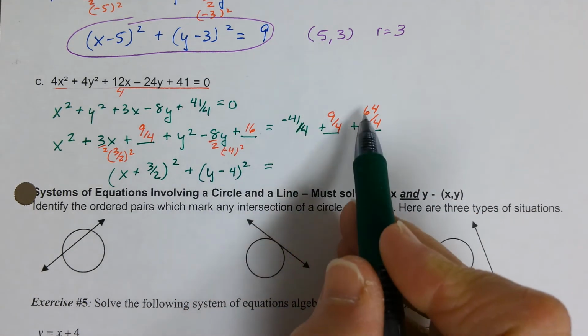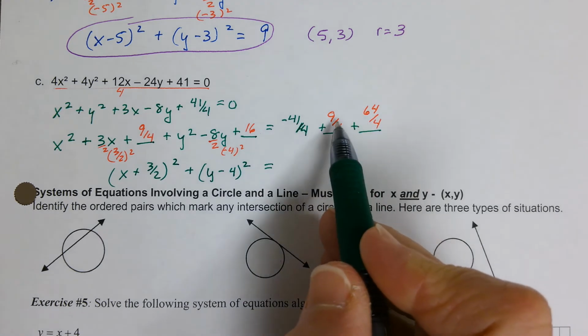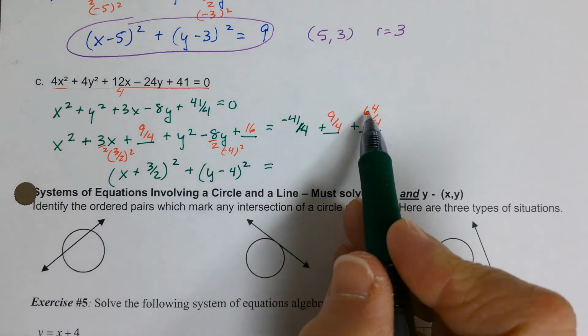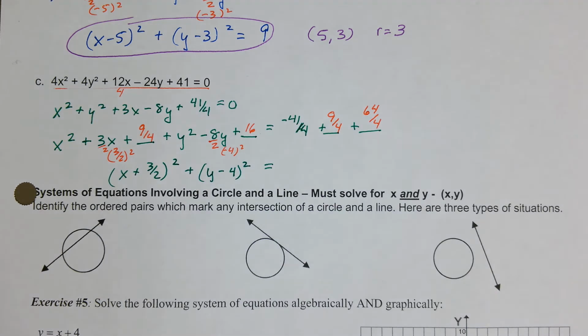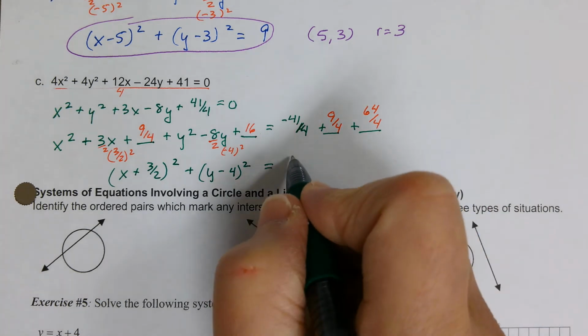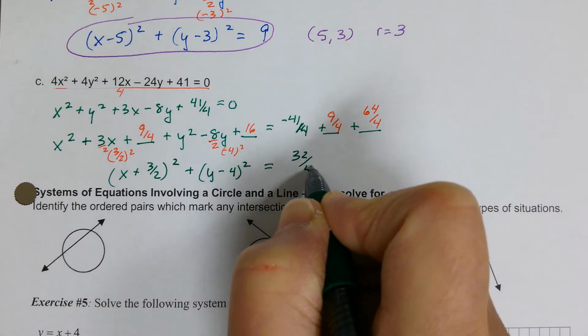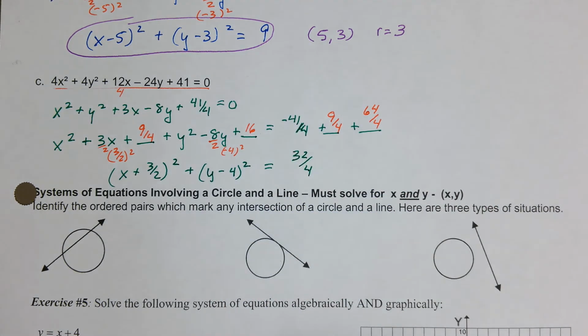Negative 41 quarters and positive 73. So 73 minus 41, 32 quarters, which is the same as 8.